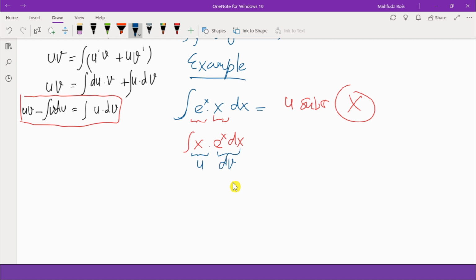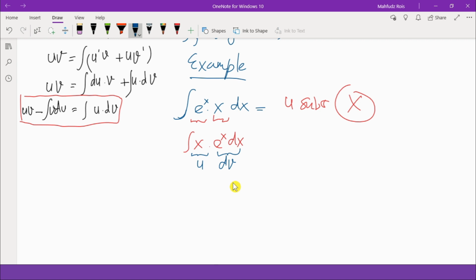Now the first important question is: in which condition do we determine which of these two different functions will be u or dv? Commonly, u is the function that, if you differentiate it, will be simple or constant.